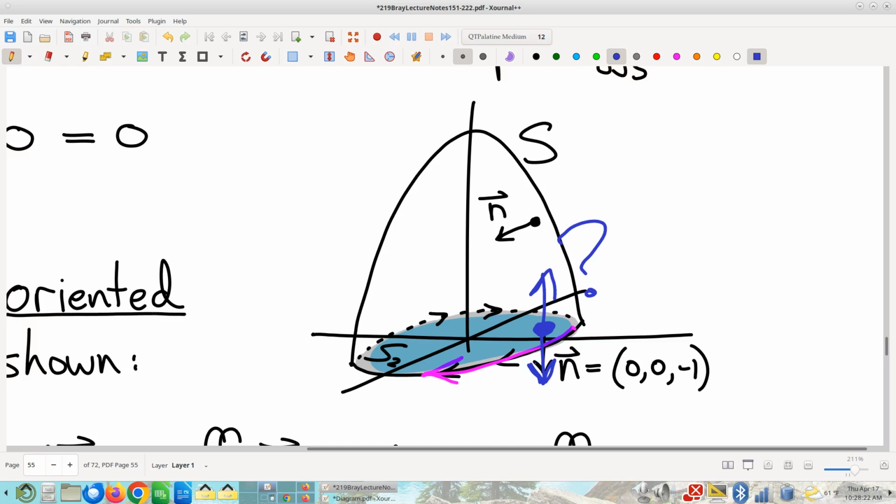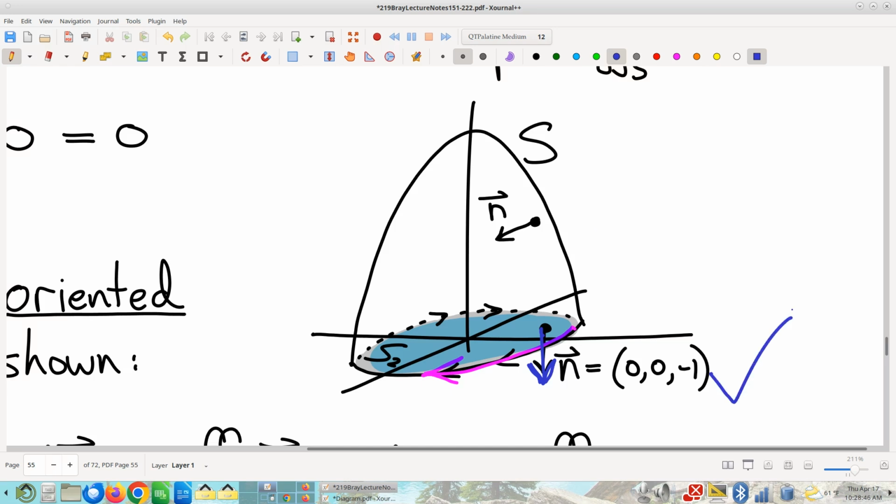Pretty quick pitch, I think. If you were to orient upward, the fingers of your right hand go the wrong way. If you orient downward, with thumb pointing downward, the fingers of your right hand go the correct direction.